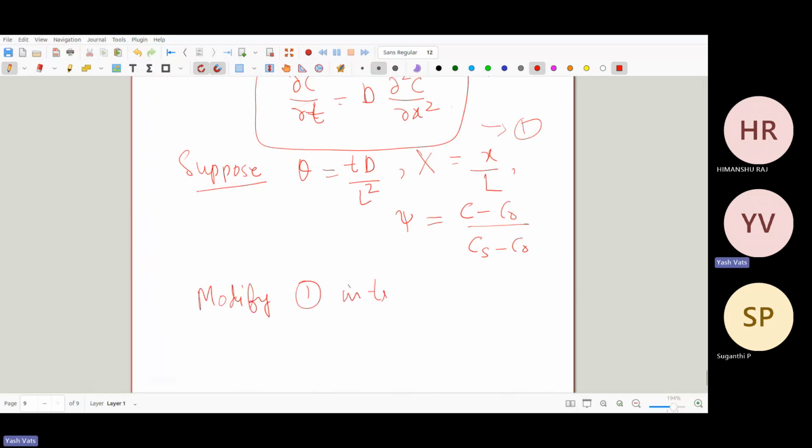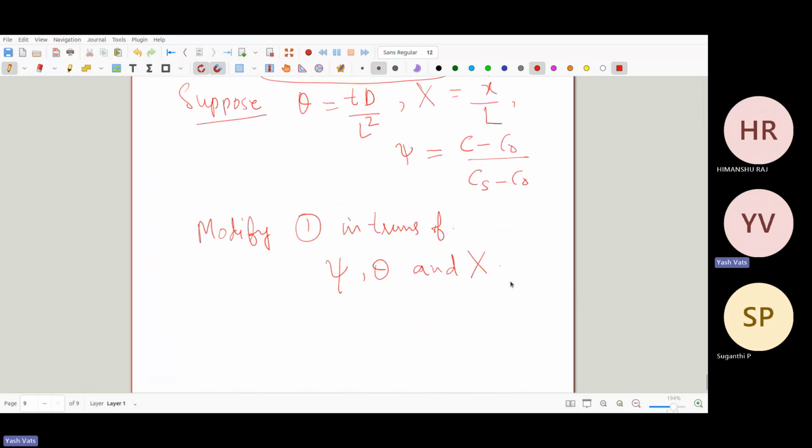Modify this equation in terms of psi, theta, and X. Then it is called non-dimensionalization actually.